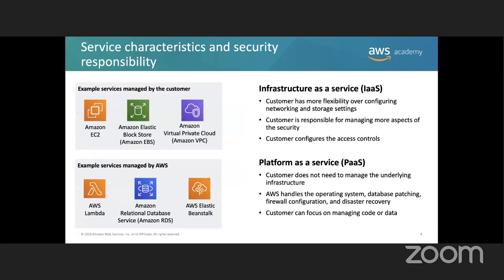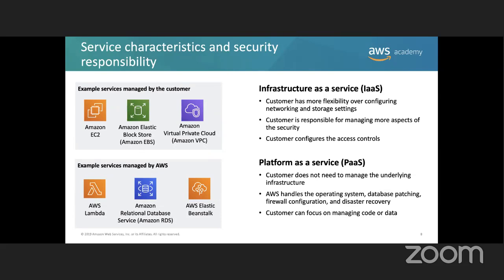Service characteristics and security responsibility. Remember that we studied the service models that we have in AWS: infrastructure as a service and platform as a service, right? So we have examples of services that are managed by the customer. When you say managed by the customer, it is an unmanaged service. Why unmanaged?